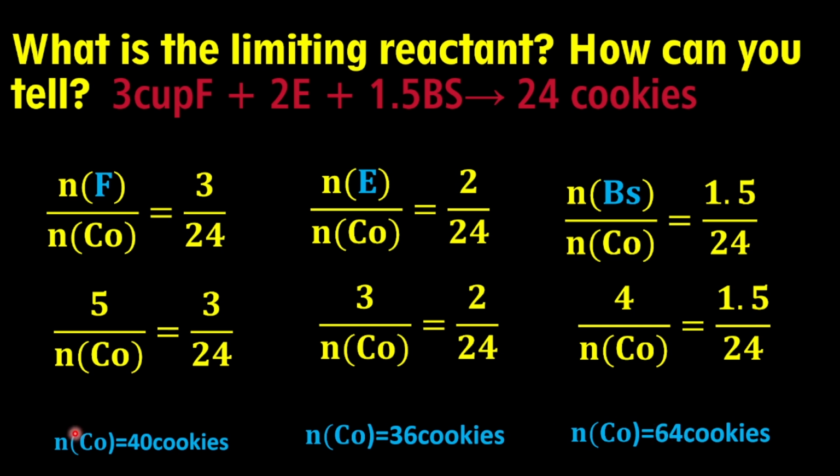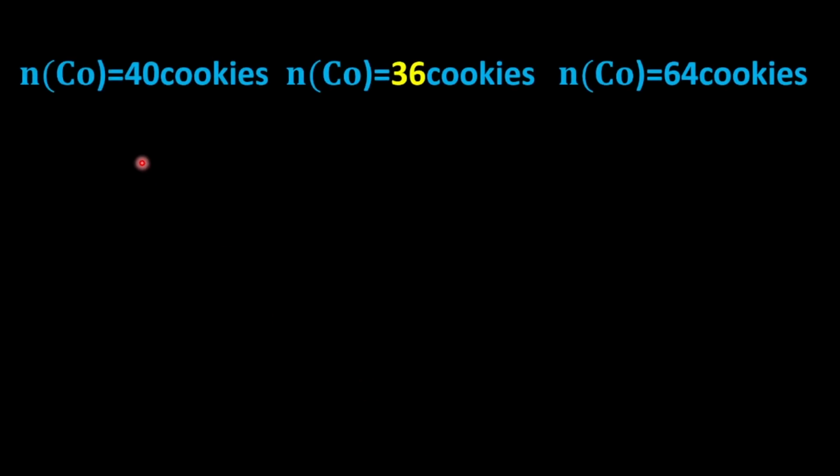So looking at the 3 figures that we have here, you can easily determine the number of cookies which will give us the least. So let's see what happens next. So we have N of cookies: 40, 36 and 64.